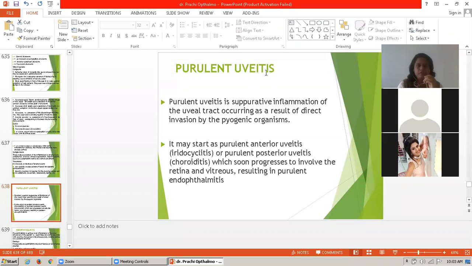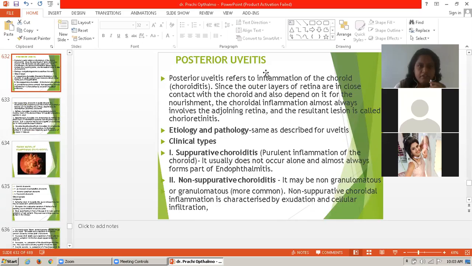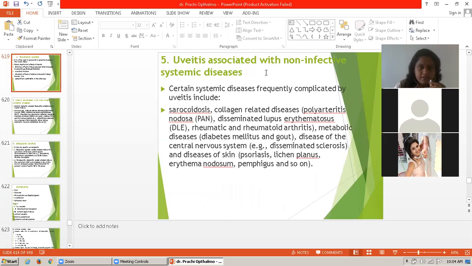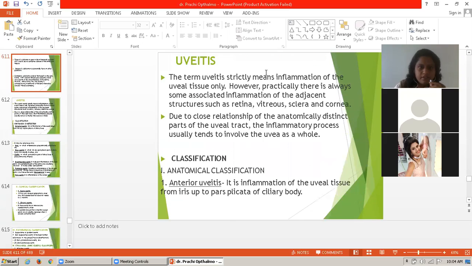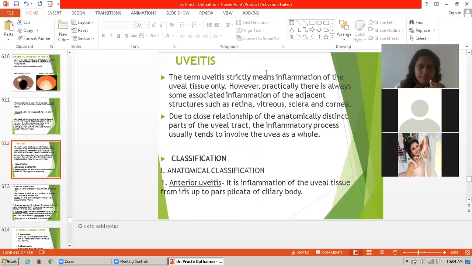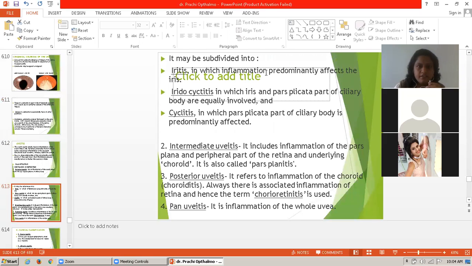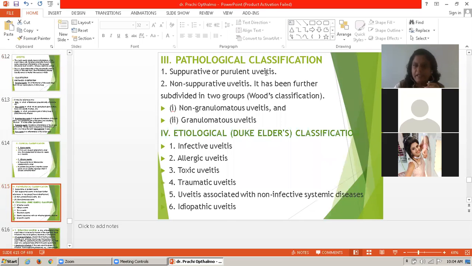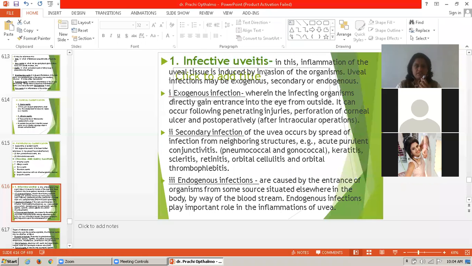So, in the yesterday's lecture of ophthalmology, we studied uveitis. In uveitis, we studied its classification: anatomical classification, clinical classification, pathological classification, etiological classification, and its various types.